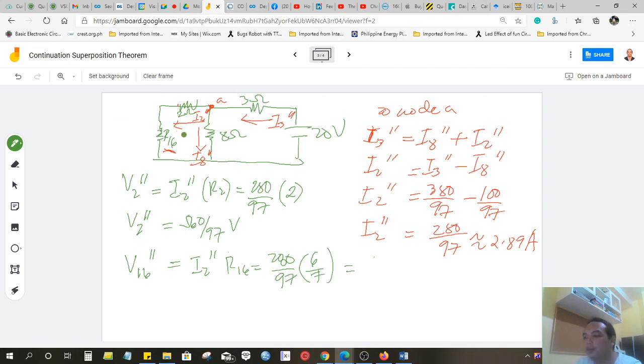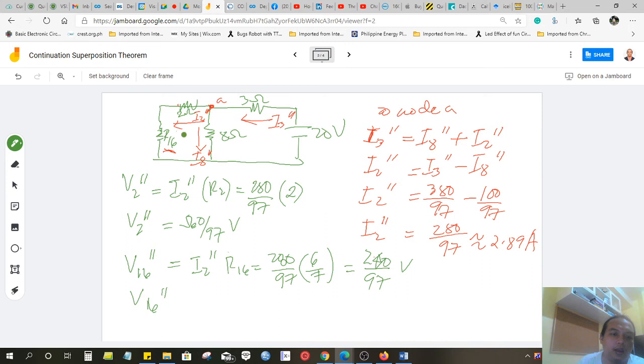So this is now 280 divided by 97 times 6 over 7, which is 240 over 97 volts.